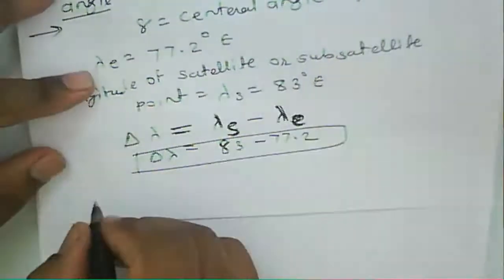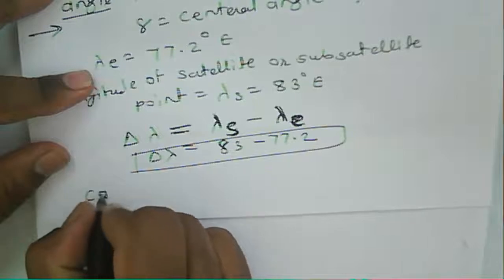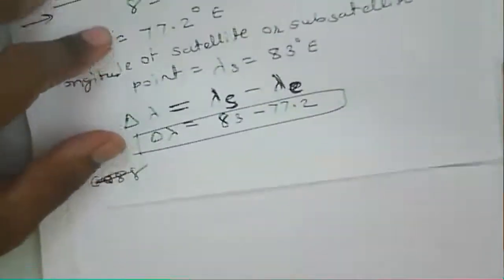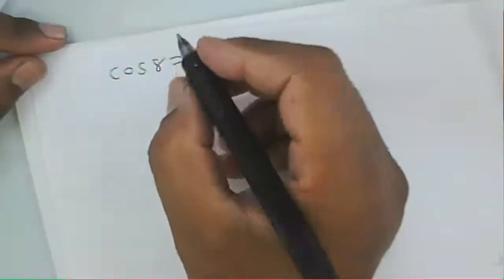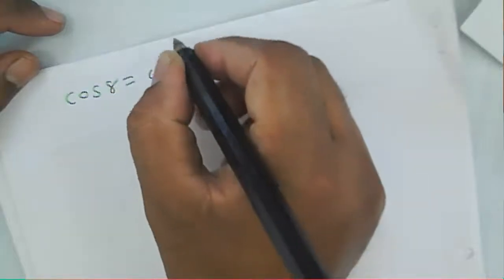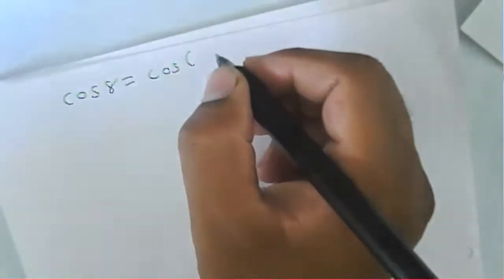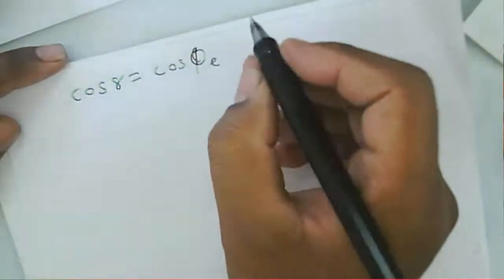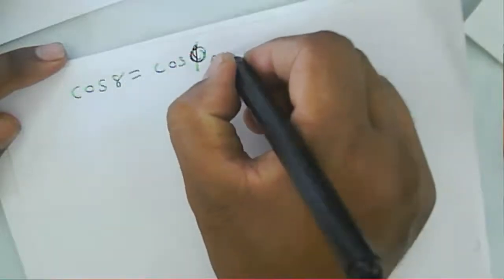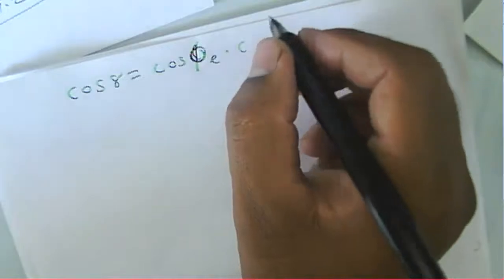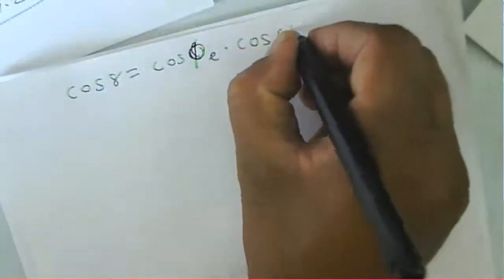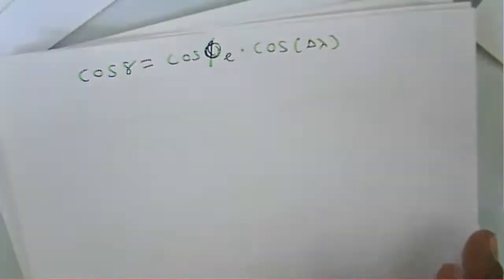To find the central angle, the equation is cos of gamma equal to cos of the latitude of this station, that latitude is 28.6, that is cos of phi e, into cos of delta lambda, whatever the difference we are getting.